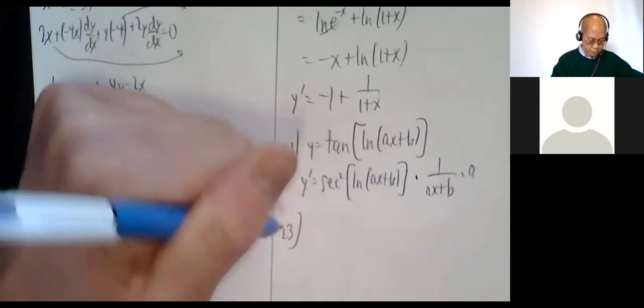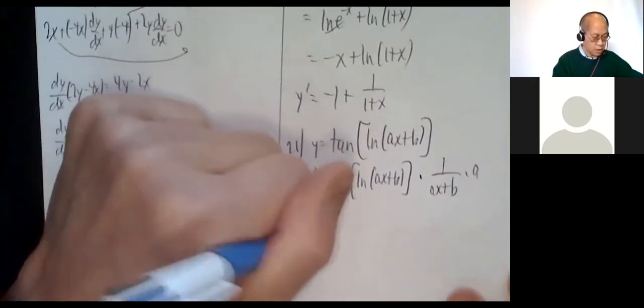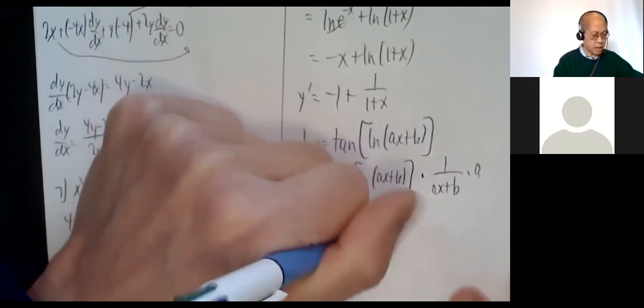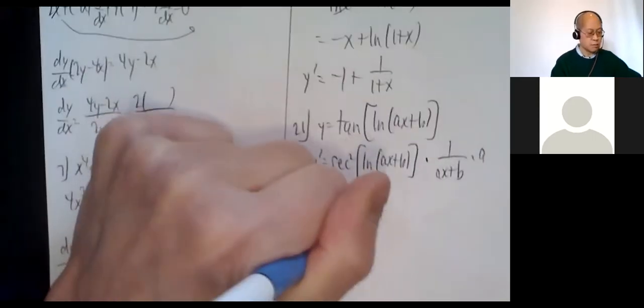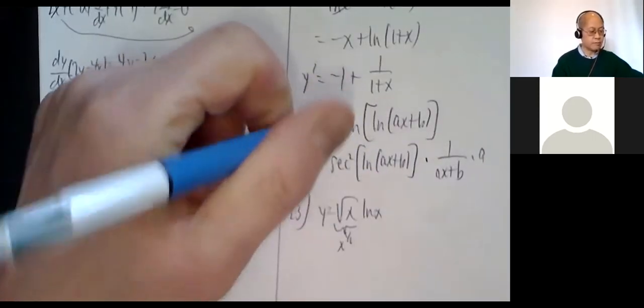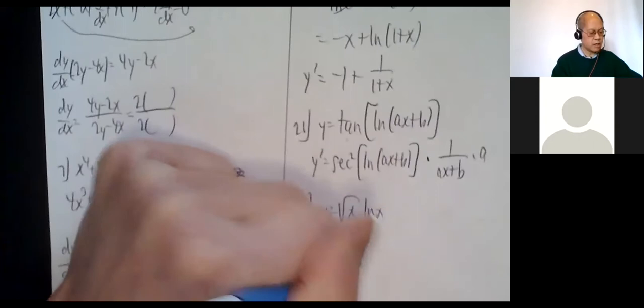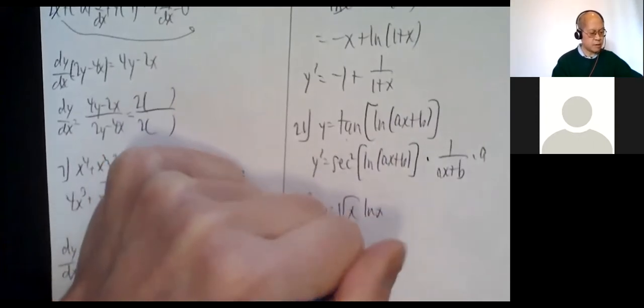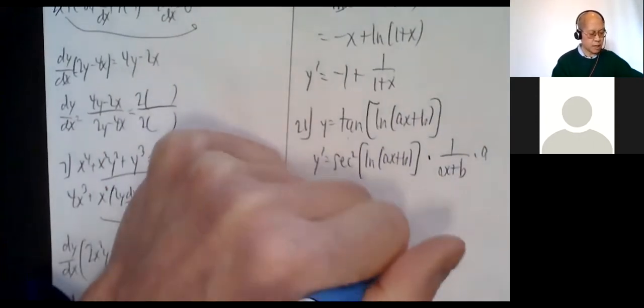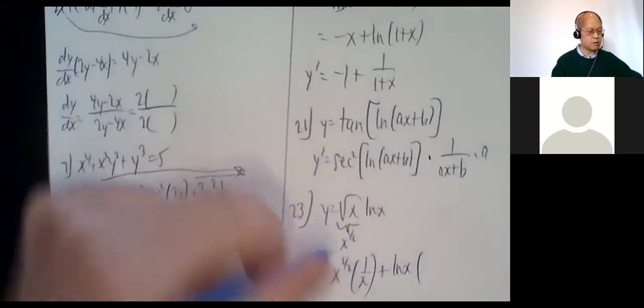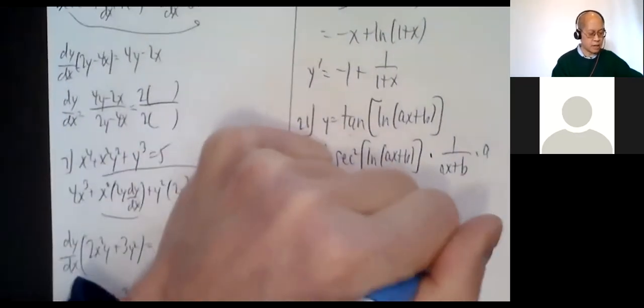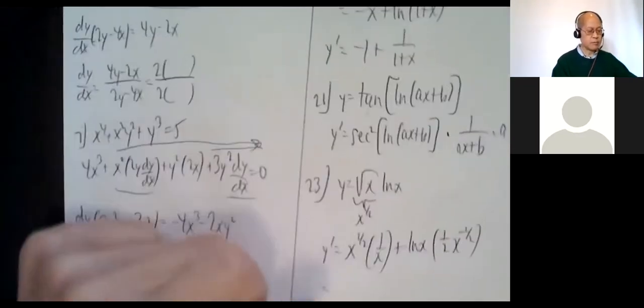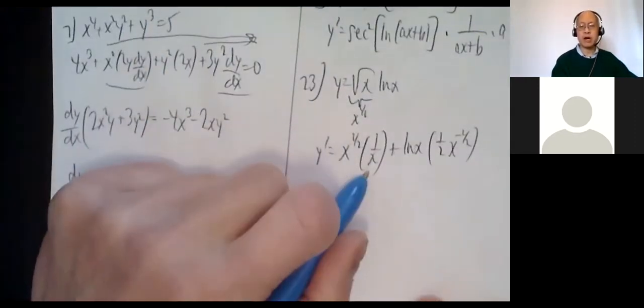23. Y equals radical x ln x. Remember, this is like x to the 1/2. So y prime is first times derivative of the second plus second times derivative of the first: 1/2 x to the negative 1/2. Okay, that's x to the 1/2 divided by x to the 1.